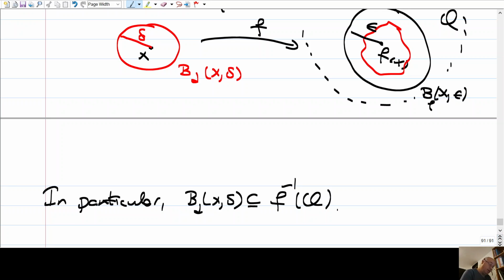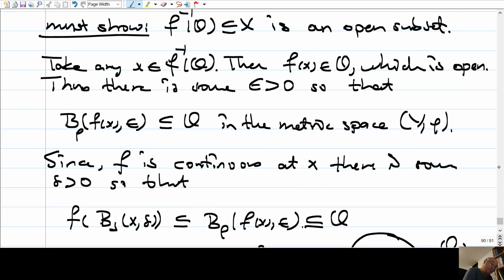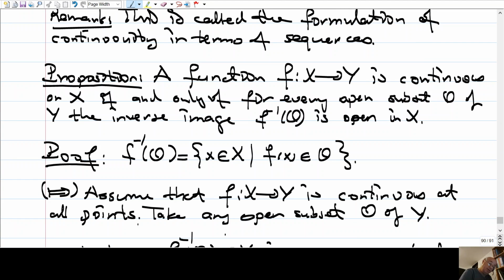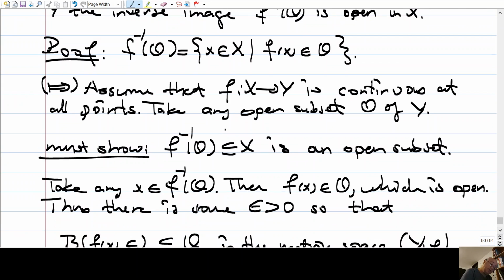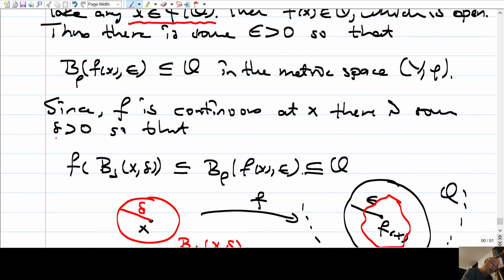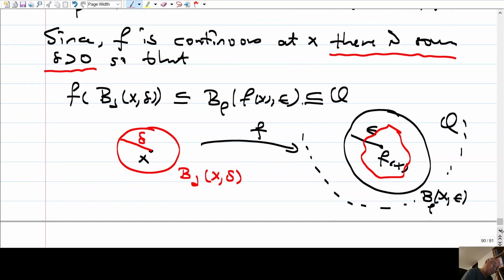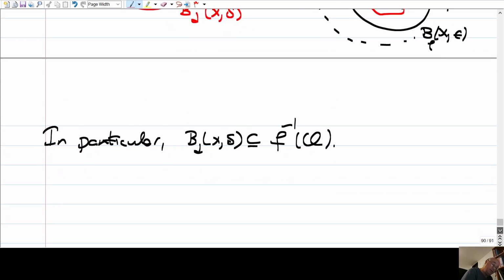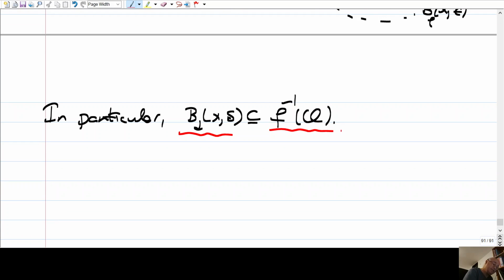And what happened then? You see, given any point, okay, so I want to show what? This is an open set. I started with a point in that set. I found some delta so that the delta ball lies inside this open set, right?